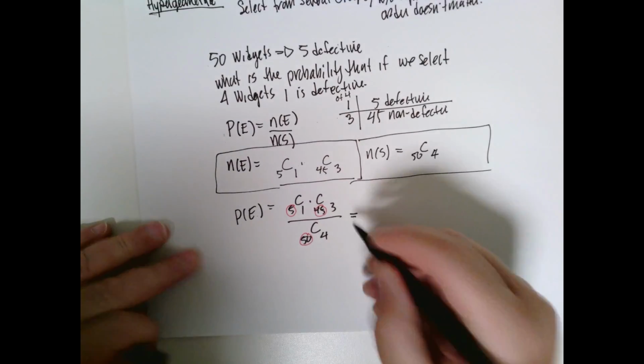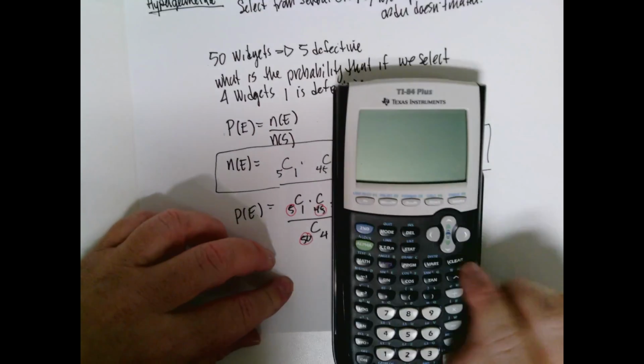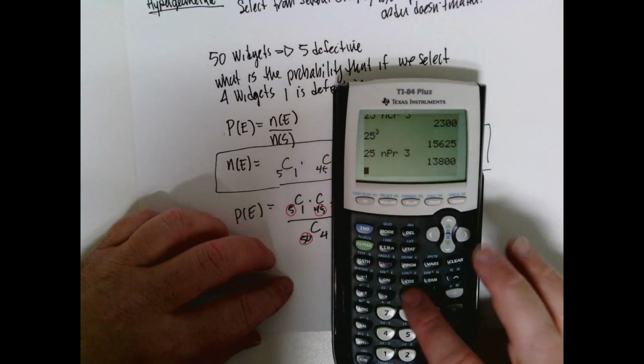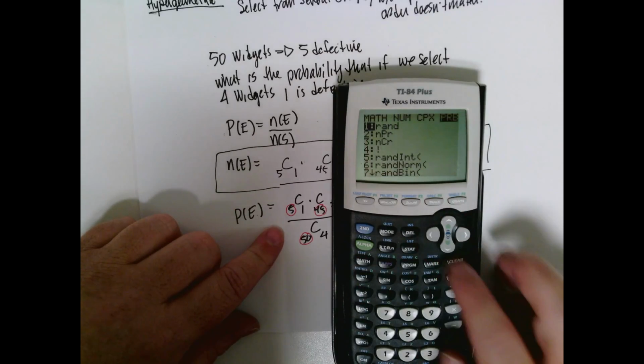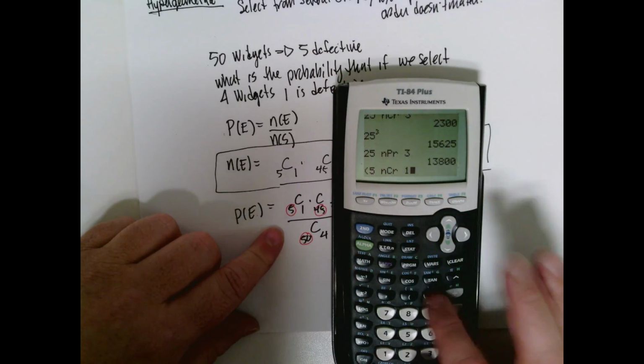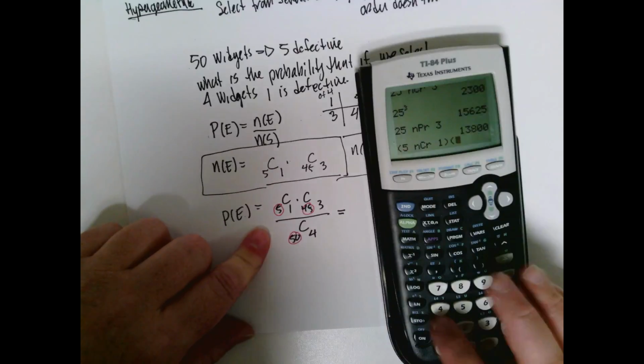Now you can just plug this into your calculator. 5 choose 1 is actually just 5. Any time you choose one of it, it's just the 5 things.